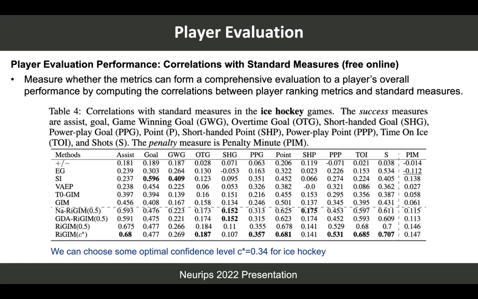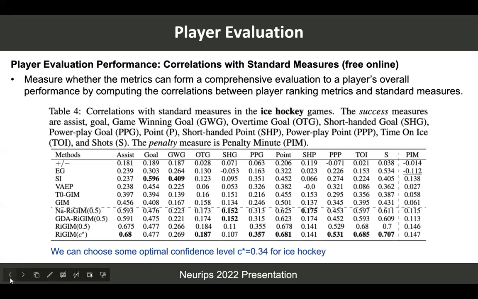And when we avoid the epistemic uncertainty to evaluate players, we can give a more robust player evaluation, which I think is reflected in this correlation: we have a higher correlation with these standard measures.